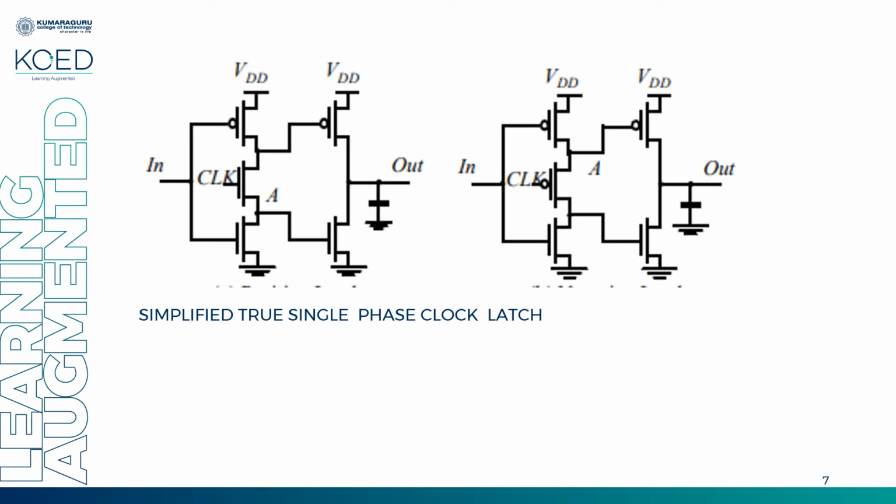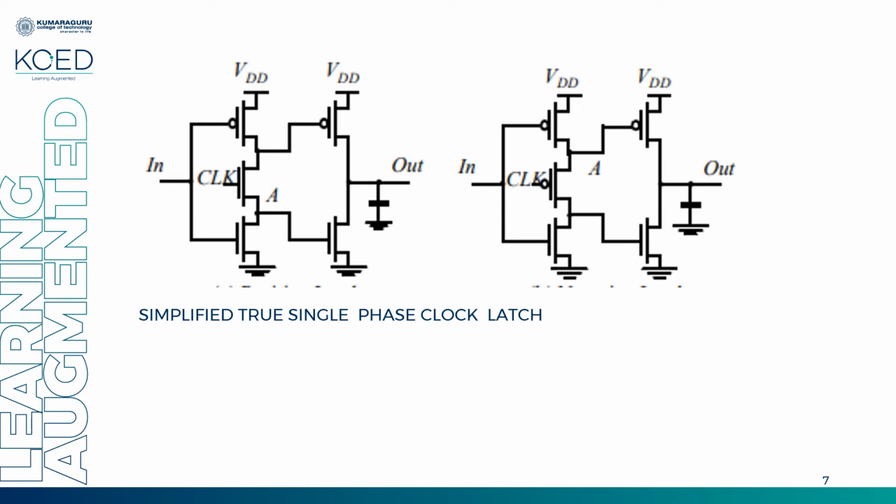So this is the simplified version of the true single phase clock latch. You may wonder, why should I learn this simplified version? In the simplified version, you will have only the first inverter. The second one you can implement based upon your design. You can implement either logic or a simple inverter again, if you want to form a negative and positive latch. And the clock load is being reduced.